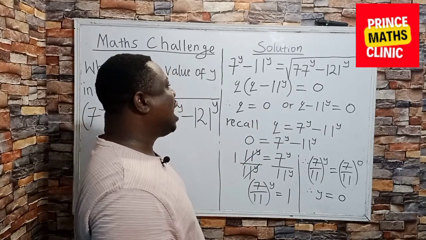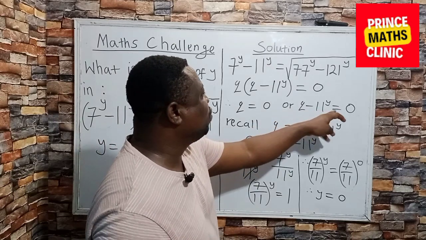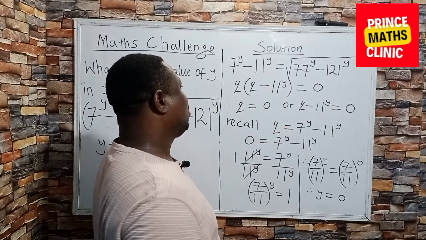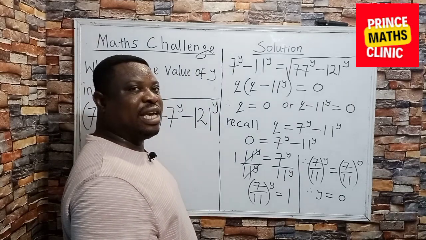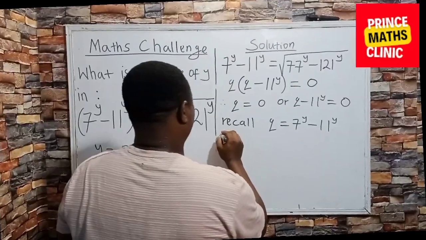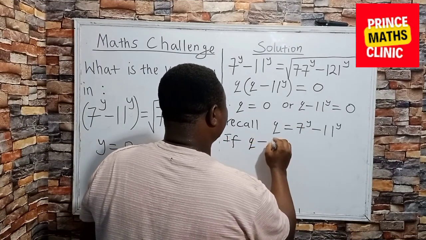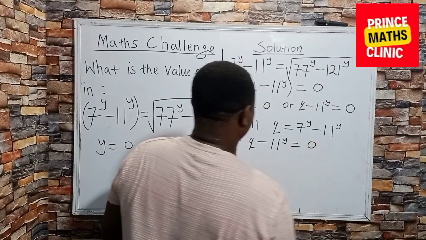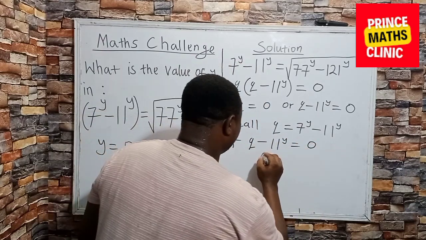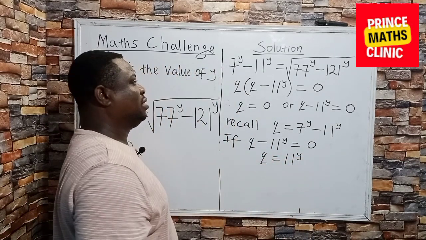So let us look at a case where q minus 11 to the power of y equals 0. If this q minus 11 to the power of y is equal to 0, it means that my q will be 11 to the power of y.